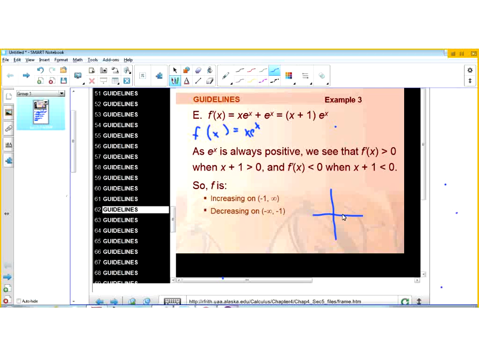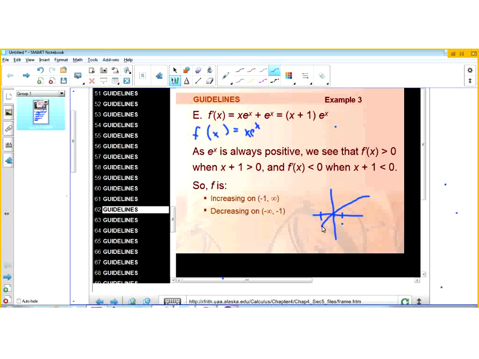It's increasing on -1 to infinity, and the output at -1 is down here somewhere. At x equals 0, the output is 0. Oh, -1 is here. So it's got to go like this.